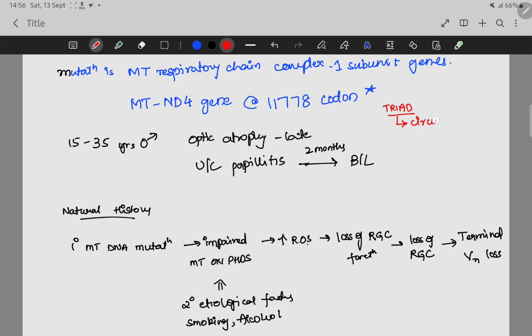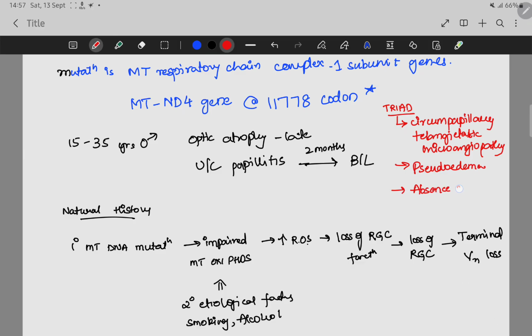So this is circumpapillary telangiectatic microangiopathy, and there is pseudoedema and absence of leakage on FFA. That's why this is pseudoedema. So these are the triads.